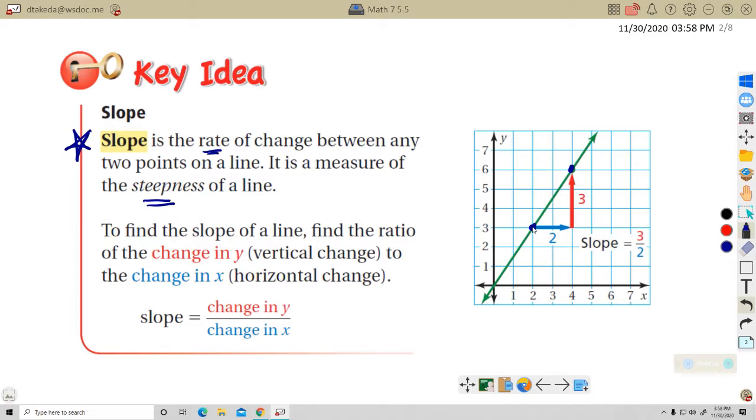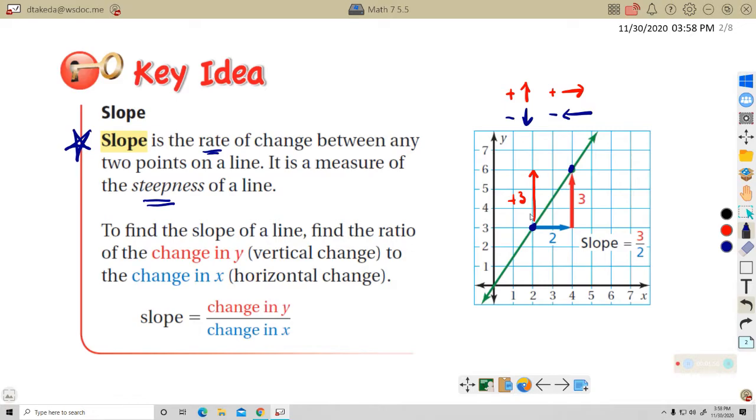To move from this point to the other point, I have a change of a positive 3 because I'm going up. Positive is up, and positive is to the right. What does that also mean? It means negative goes down and negative goes to the left. This means getting smaller.